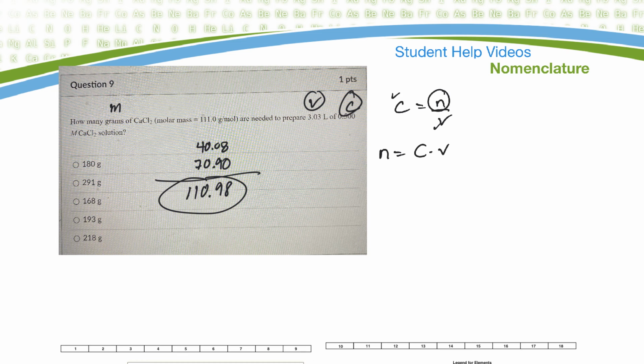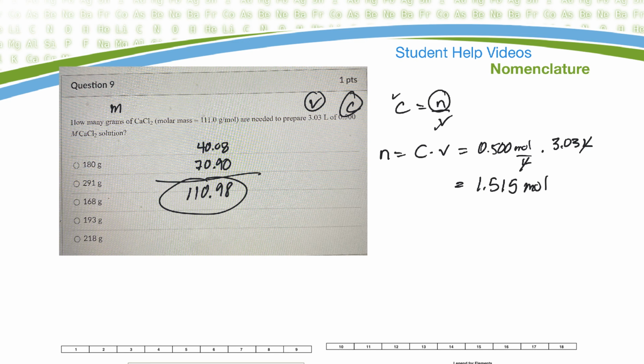Moles are C times V. Concentration is 0.500 moles per liter times the volume, 3.03 liters. The liters cancel, so calculator, 0.5 times 3.03, 1.515 moles of calcium chloride.